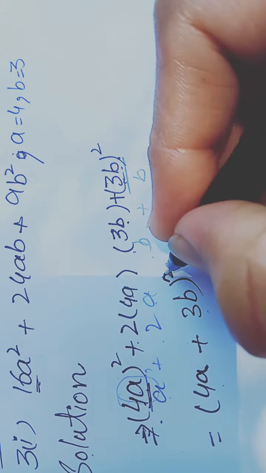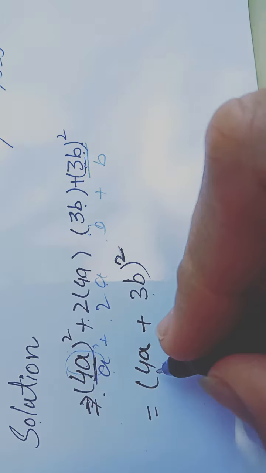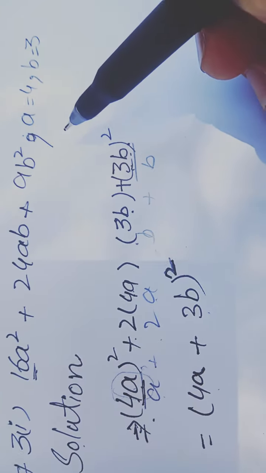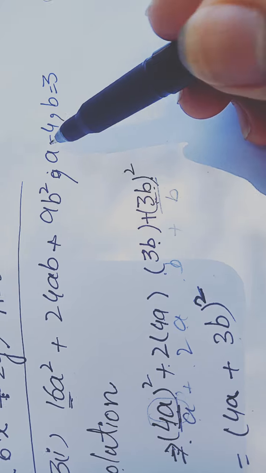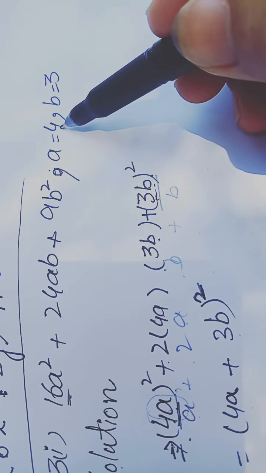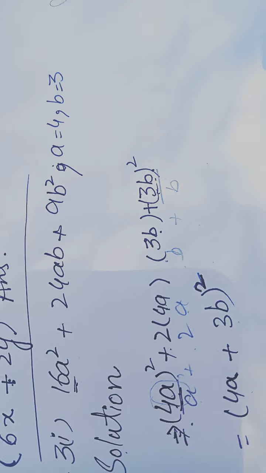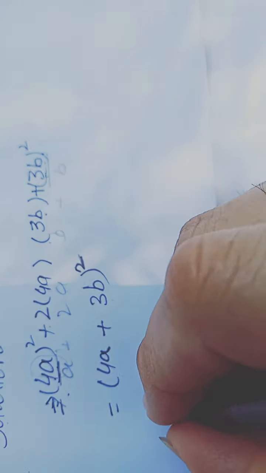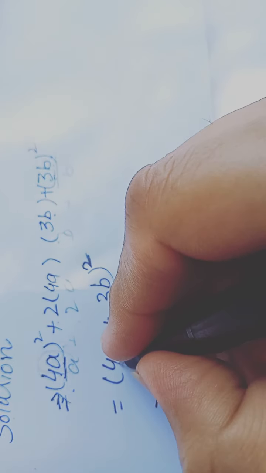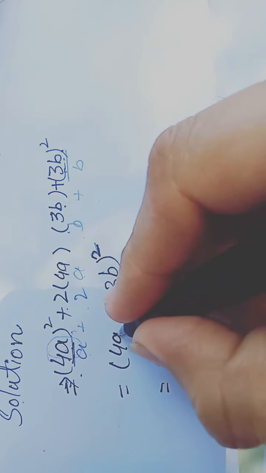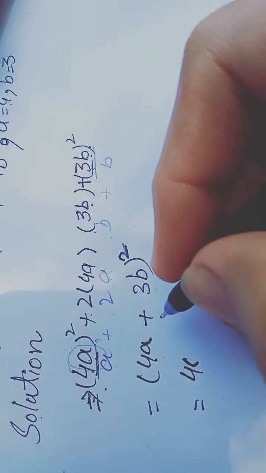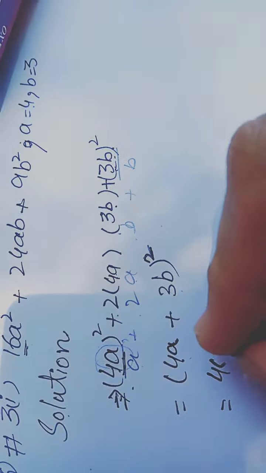So what was given over here? We have to write the value of a as 4 and b as 3. This is the 4 that is given, and what will we write over here in place of a? 4.